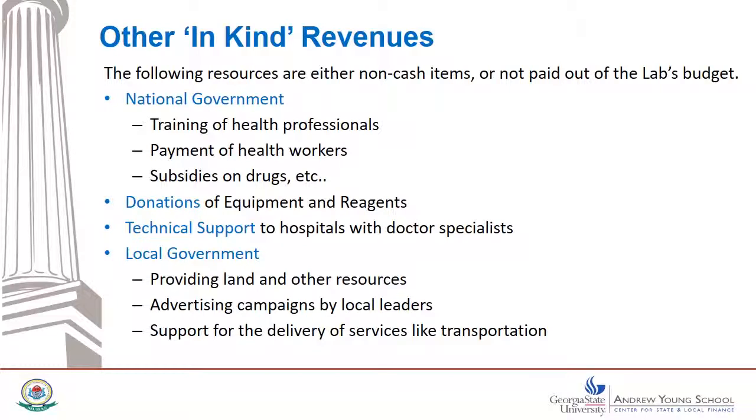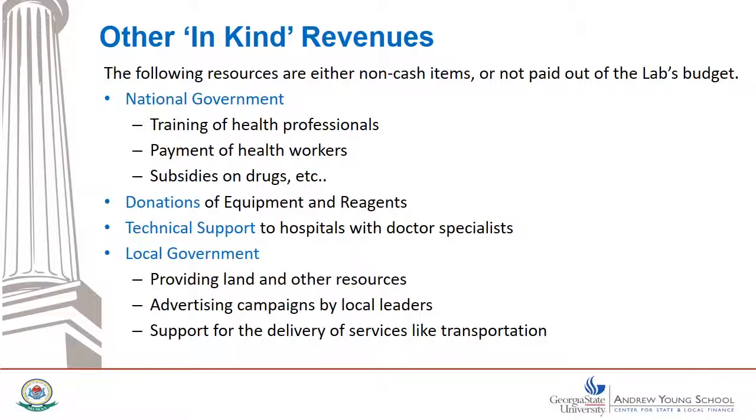But resources available to laboratories and clinics are not always in the form of cash. There are also in-kind revenues which are just as valuable to local health programs. The national government provides training for health professionals and subsidies for drugs and equipment. Programs that allow the national government to buy in bulk and resell to local laboratories and clinics reduce costs for local health units.